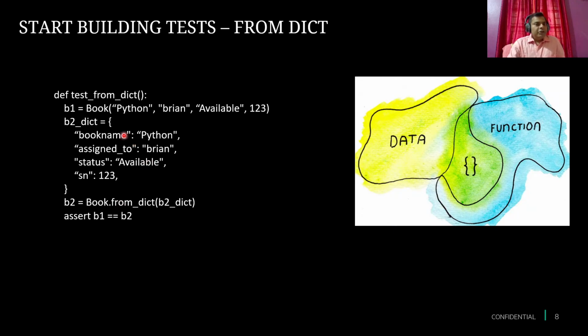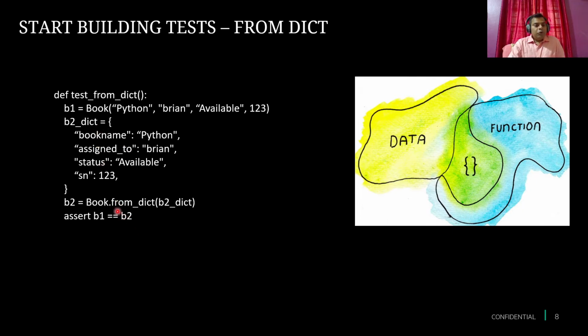Now it will be interesting. In this test case, we are writing a test to test one of the methods inside our class. Inside the Book, we had the method from_dict. So let's see what we are doing. We are writing a new test case. As usual, we start the test case with the name test_from_dict, create one object, and then we are initializing a dictionary.